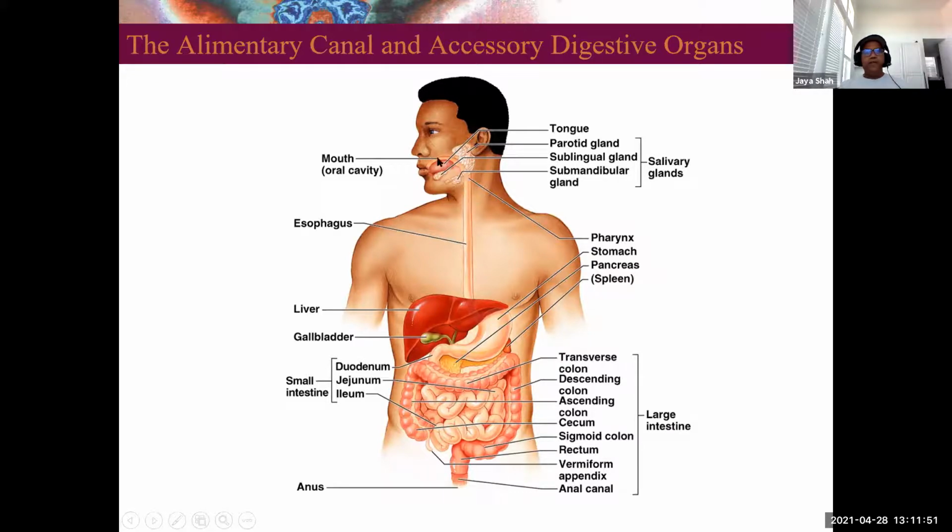The salivary amylase partially digests your carbs, then it passes through the esophagus by peristalsis movement, contraction, into your stomach. The stomach has a lot of acid, water, and some protein-digesting enzymes which partially digest protein and inhibit the digestion by salivary amylase. Then it passes into the duodenum.